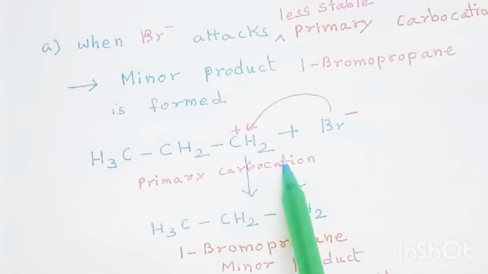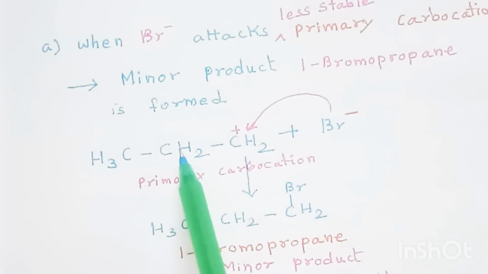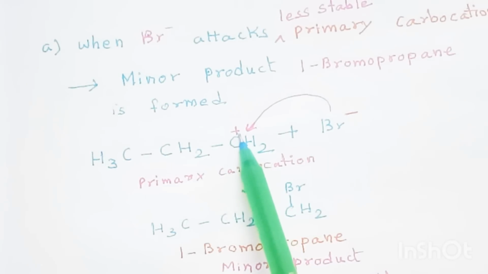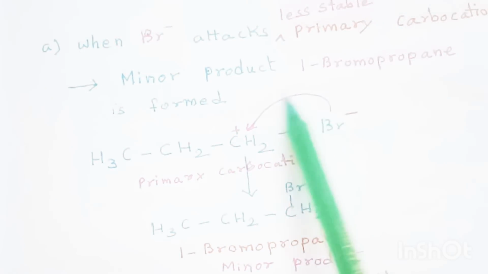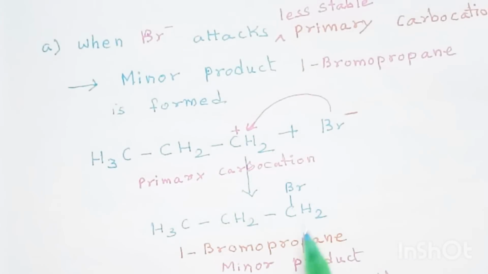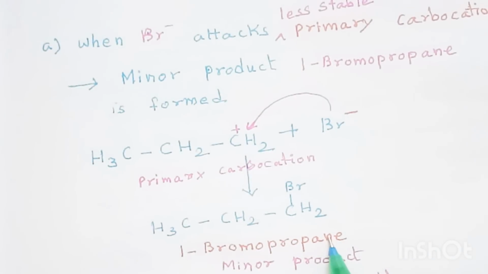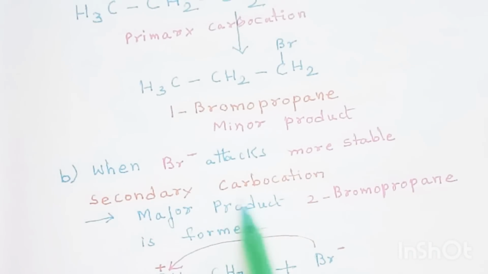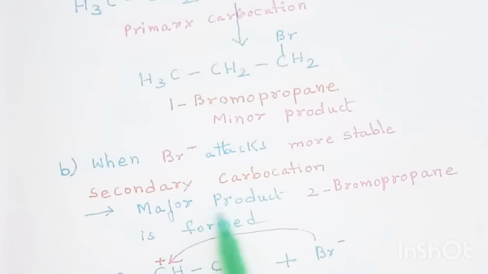This is the primary carbocation, CH3, CH2, CH2 plus. So the bromine gets attached here and we get 1-bromopropane. This is minor product. When Br attacks the more stable secondary carbocation, we get major product.